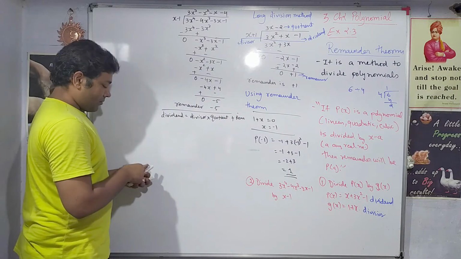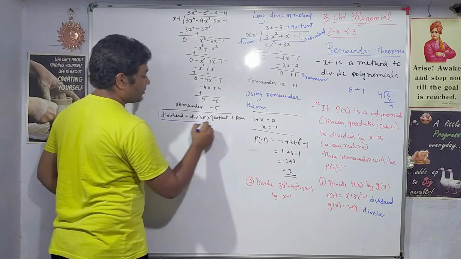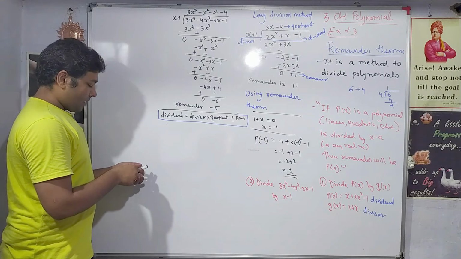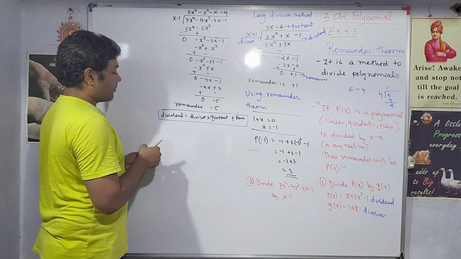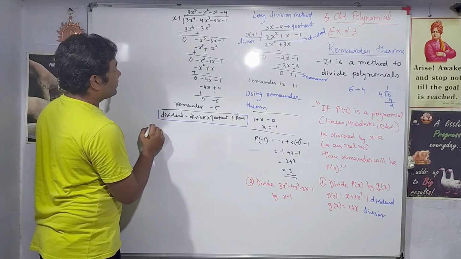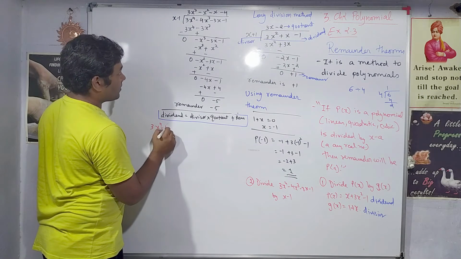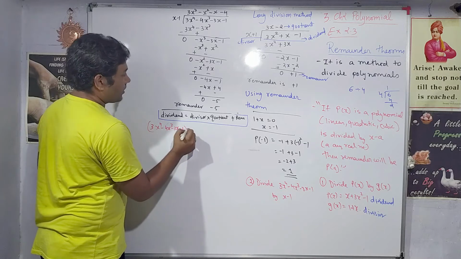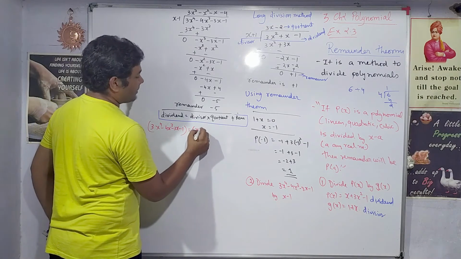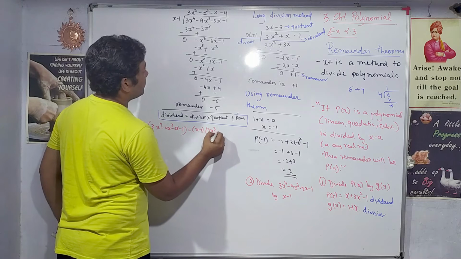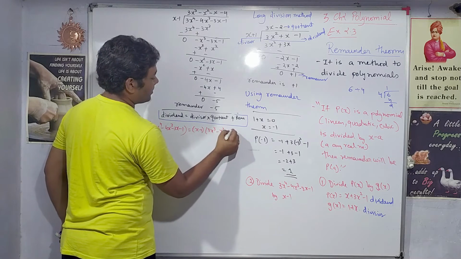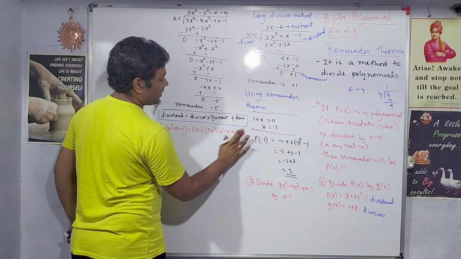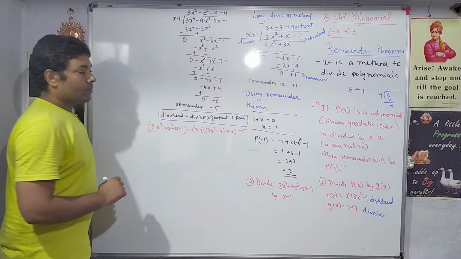This is how you write down your answer. This is nothing but similar to the Euclid's method of writing the number. So let us write down the answer in this format. So 3x to the power 4 minus 4x cube minus 3x minus 1 is equals to x minus 1 into 3x cube minus x square minus x minus 4 plus minus 5. So you will just write down here minus 5.